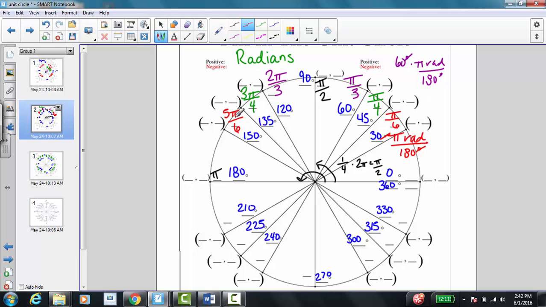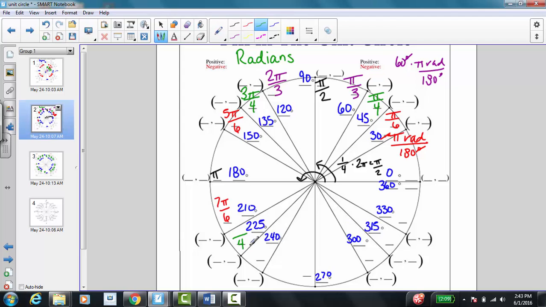Then again, here we have this 5 pi over 6. It's going to get reflected across the x-axis now. So my little trick for the third quadrant is you simply add 1 from the denominator and put it on your numerator. So here I would have 7 pi over 6, which correlates to 210 degrees.